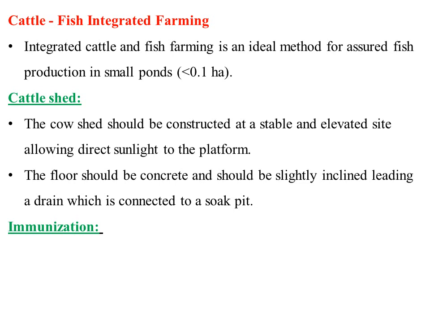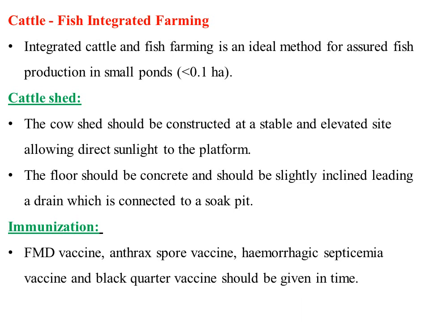And there is a need for immunization of the cattle. For example, FMD, that is foot and mouth disease vaccine, anthrax spore vaccine, hemorrhagic septicemia vaccine, even black quarter vaccine should be given on time, and we need to consult the veterinary expert for time schedules and vaccinations.